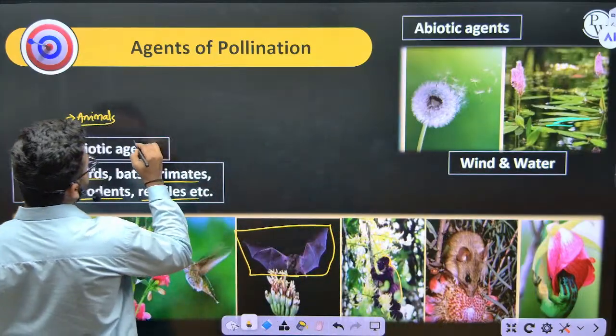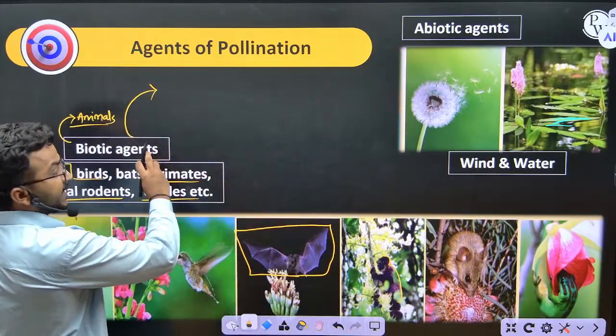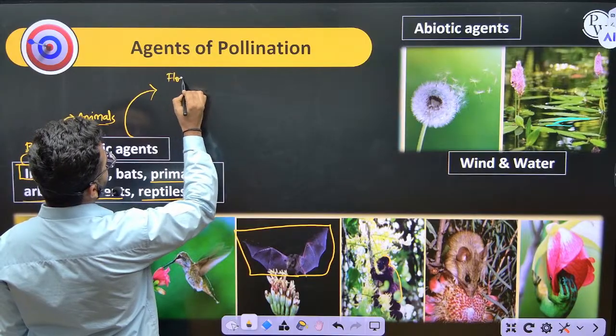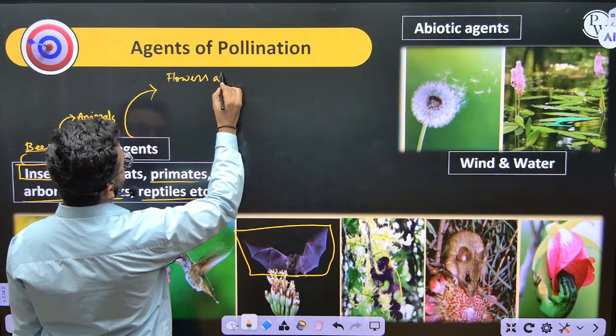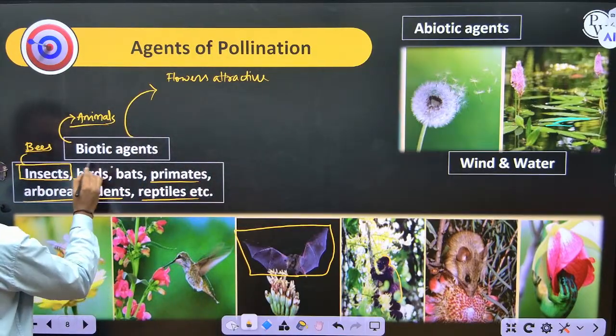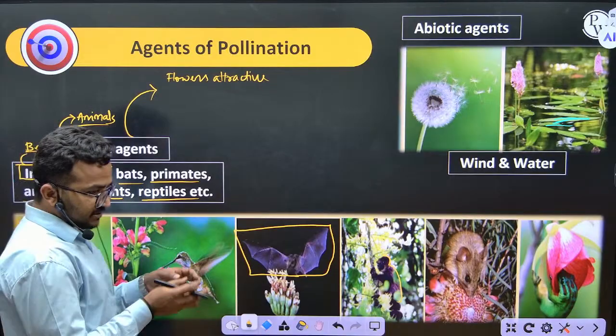So how will biotic agent pollinated flowers be? These flowers are attractive, because they have to impress the insect, or the birds, or the bats. So they have to give some rewards.